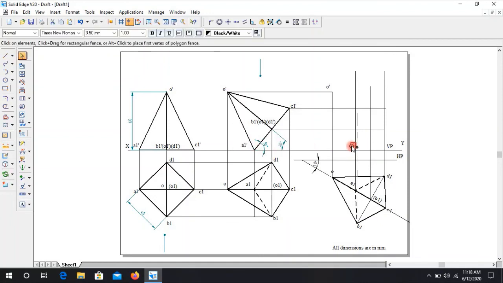Intersection of horizontal and vertical line. This becomes point A1 dash. B1, horizontal line from B1, these two are intersecting here. So this point is B1 dash.